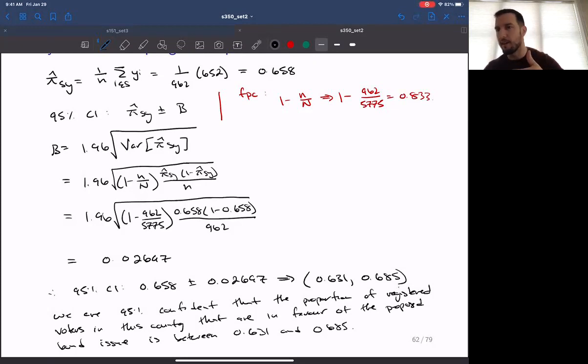So we could say, instead of the proportion of voters in the county is between 0.631 and 0.685, we're 95% confident that between 63.1% and 68.5% of registered voters in the county are in favor of the proposed bond issue. I think that would make more sense to someone that doesn't have the background. But both statements are technically correct, but one statement would be more generalized, I think, than the other.